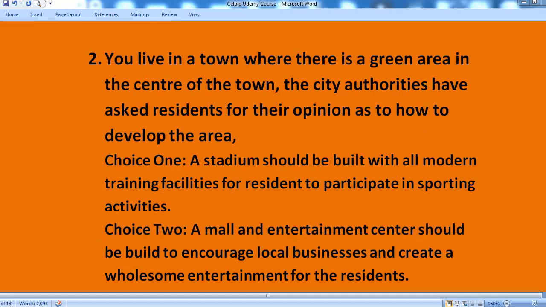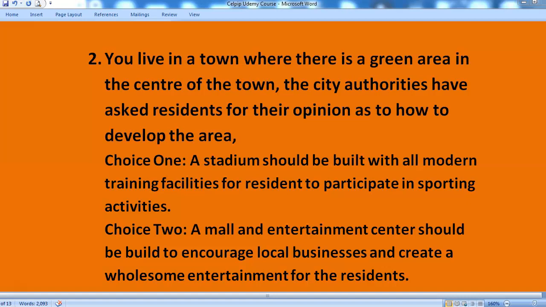Now let's look at a sample question for writing task 2, which is a survey question. Here a survey is presented to you and you have to pick one of the choices and support your argument while you write. The sample question is: you live in a town where there is a green area in the center of the town.